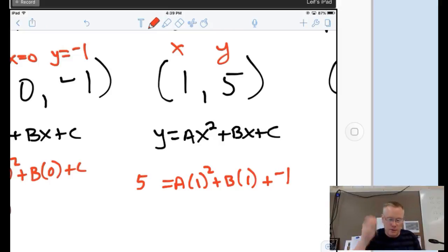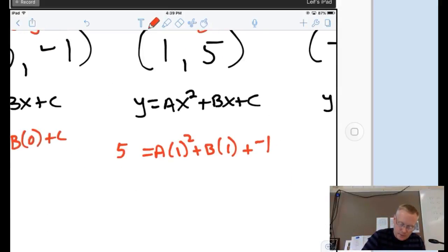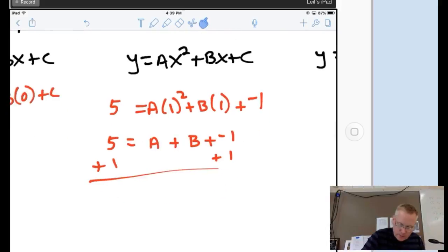And if I do this, I get an equation. I got 5 equals 1 squared is 1, so that's a. B times 1 is b, plus -1. Now I'm going to bring this over here because I want to have an easier equation. 5 plus 1 is 6 equals a plus b.